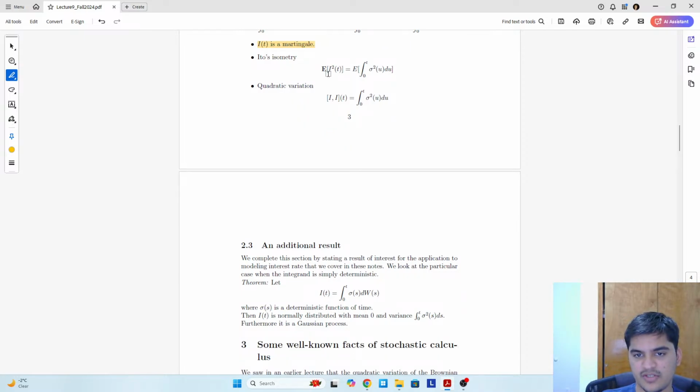The quadratic variation of Ito's integral is the integral from 0 to t of sigma squared(u) du.